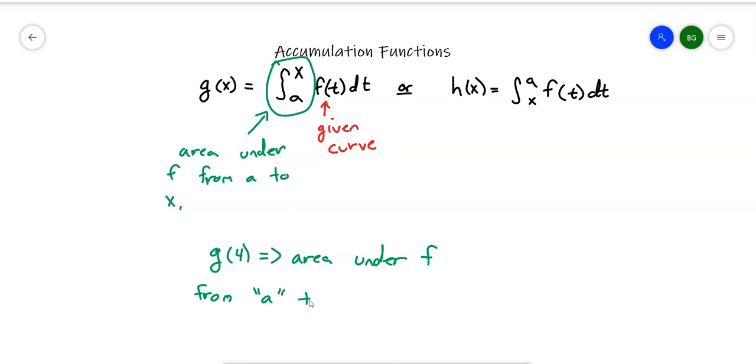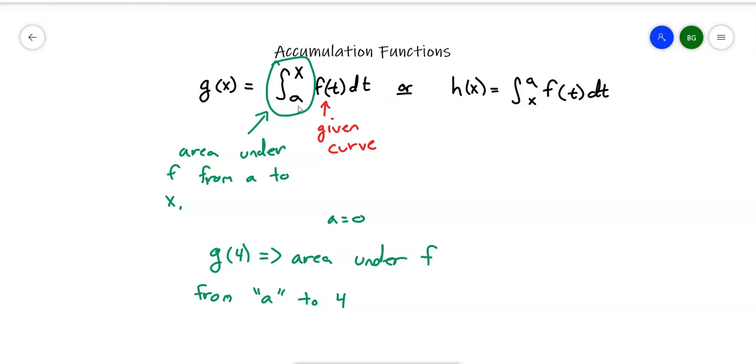So the area under f from a to 4. You could say, well, let a equal 0, and then we'd just be finding the area under that curve from 0 to 4. Of course, it doesn't have to be 0, but it seems like 0 is a convenient choice in a lot of instances. But of course, it's context dependent, so a could be whatever constant value you like it to be.